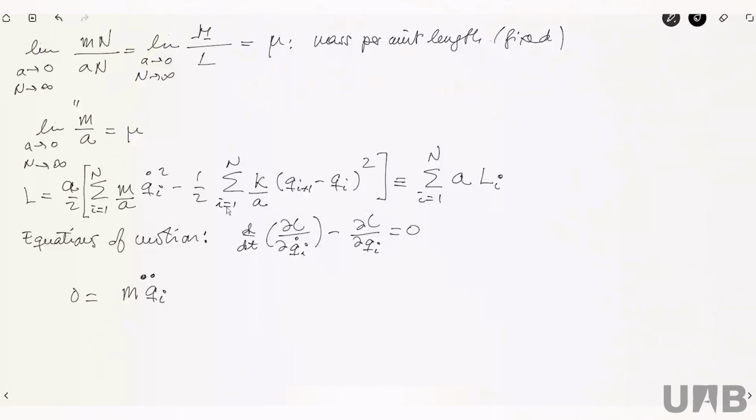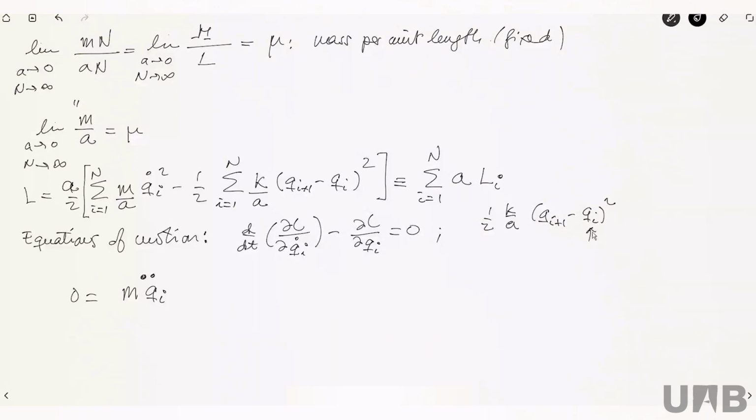Let us do now the same thing, the dependence of L on Q. This is a little less obvious than one would think, because when I take the derivative of L with respect to qi, I have to remember that there are two dependencies on qi. There is the piece that goes like 1/2 of k over a, (qi plus 1 minus qi) squared.